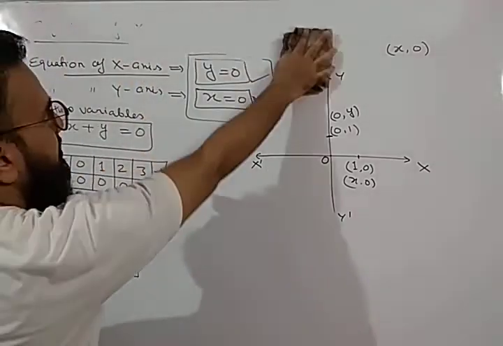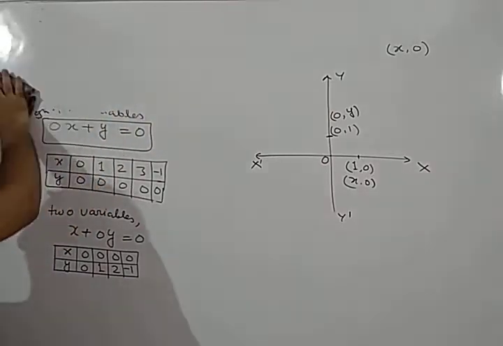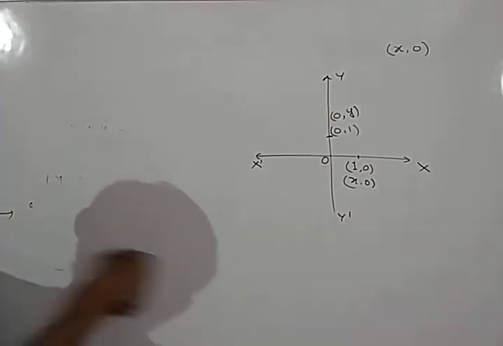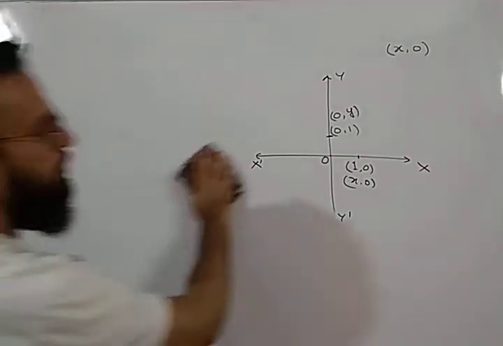Now, the second type of equation is, if we talk about the equation of any line which is parallel to the x-axis and parallel to the y-axis, then what will be the equation of those lines?